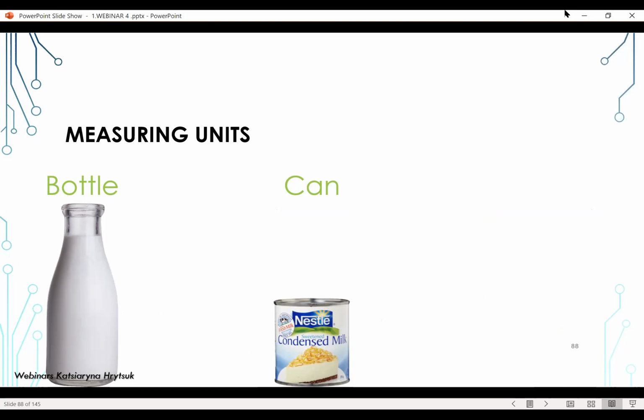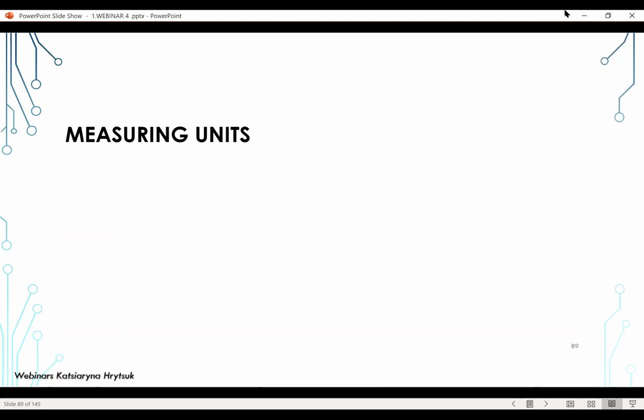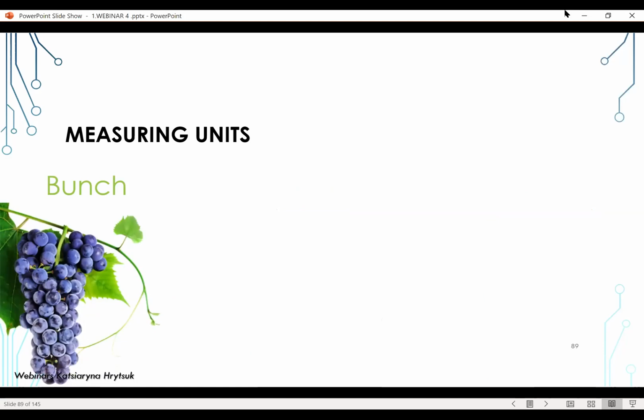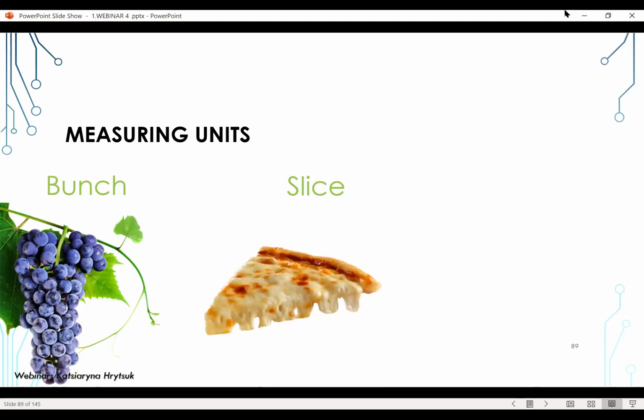Jar, especially for honey and jam. Next, this may be new: a bunch of grapes. A slice of pizza.